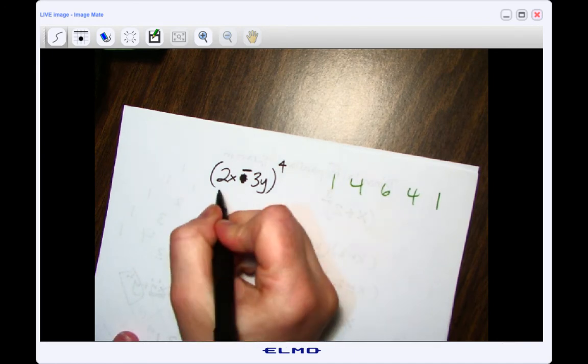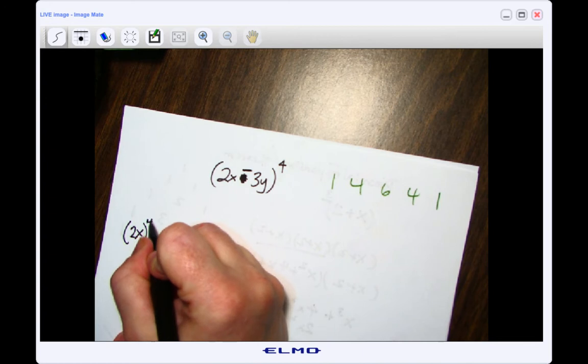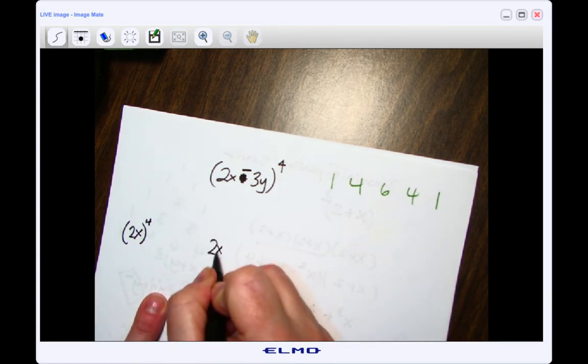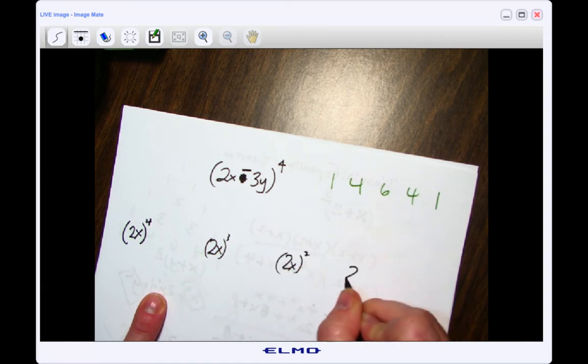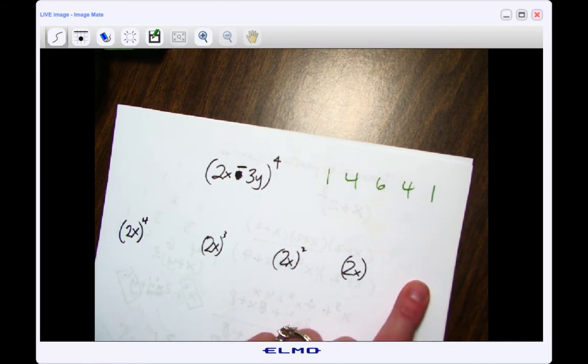But the first thing I'm going to do is start to write these. I'm going to write them to the 4th, and then I'm going to make my way down, right? I'm going to have 2x to the 3rd, 2x squared, 2x to the 1st, and then I'll have a 2x to the 0. But I'm not going to write him because he's 1, all right? Now the next thing I'm going to write, so that's these guys taken care of.